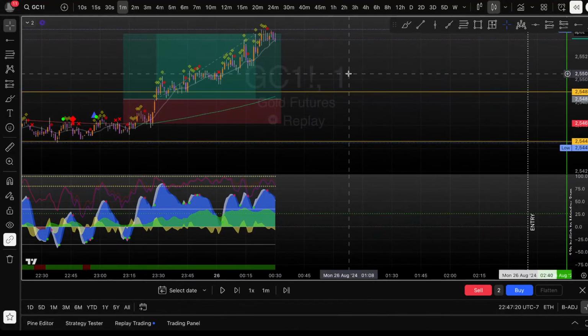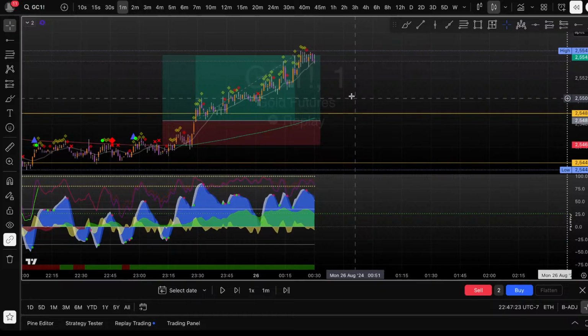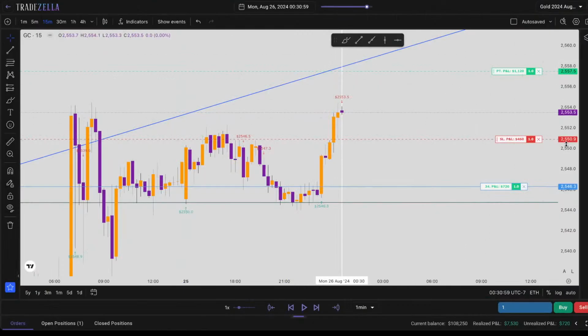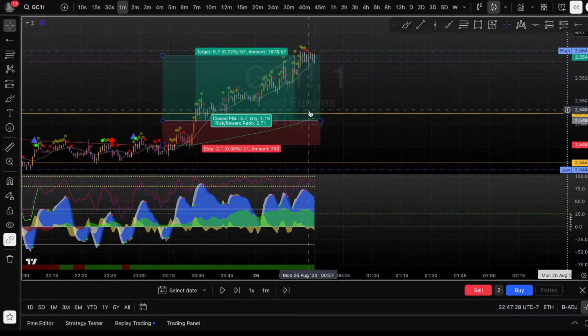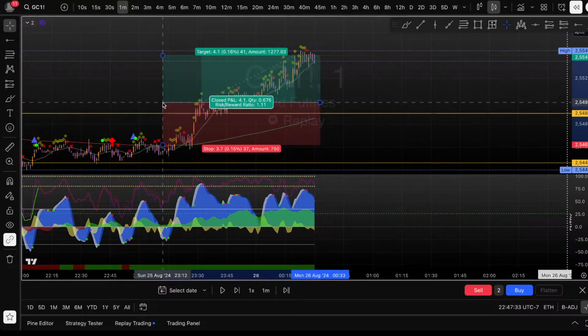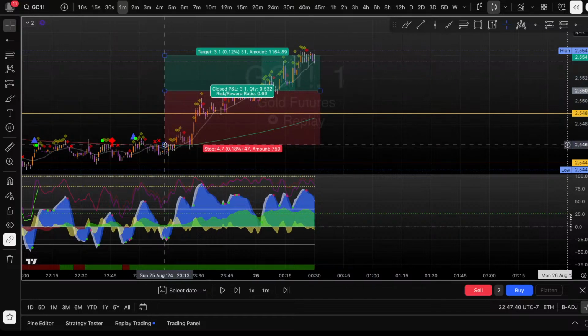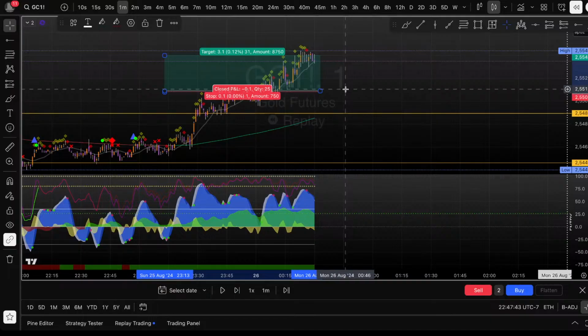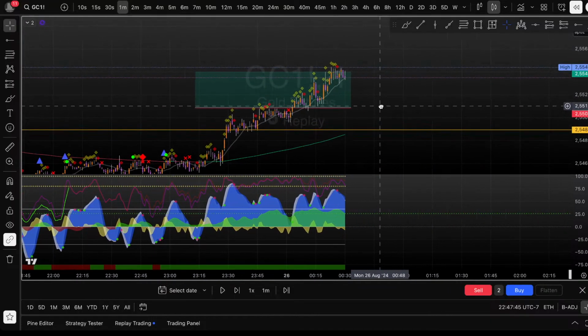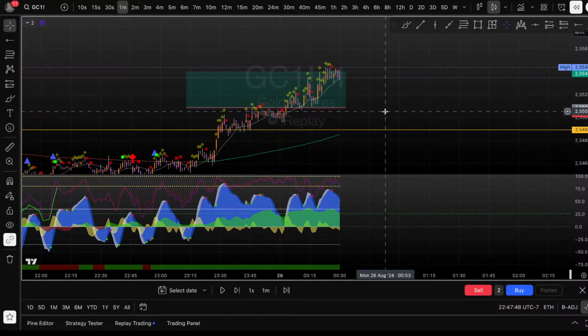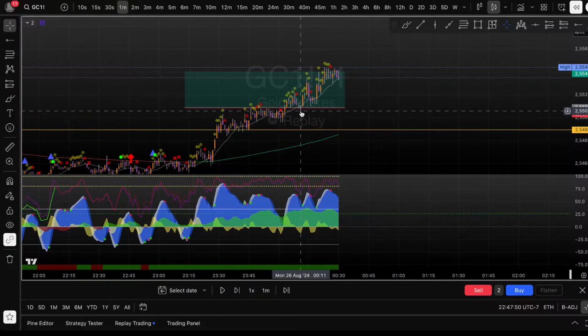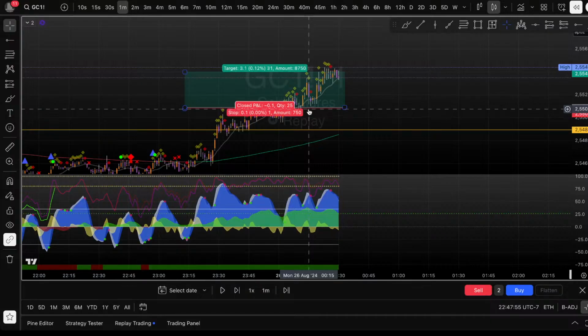As long as our MarketCipher Confluence says to stay in the trade, we stay in the trade. 2550.9. Boom. So there's our new stop loss. I kind of wanted to be behind this. What is this candle? 2550.6.